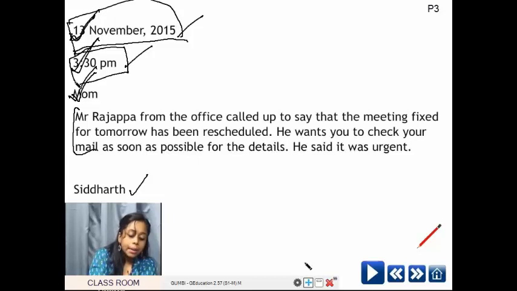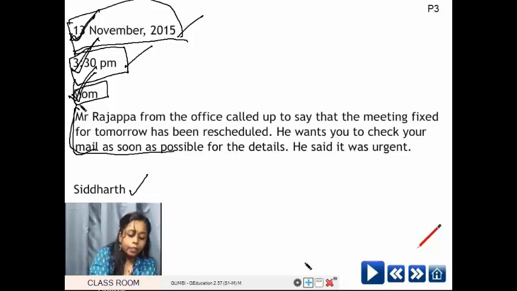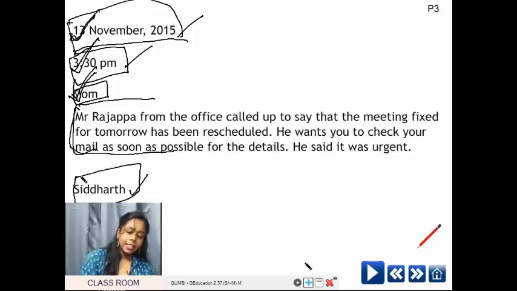So this is the name of the person whom you are addressing the message. Okay? And then comes the content of the message, the main body of the message. And last, your own name, whoever is writing the message, whoever is sending the message. So here, Siddharth is sending the message. So we can see his name comes in the end.